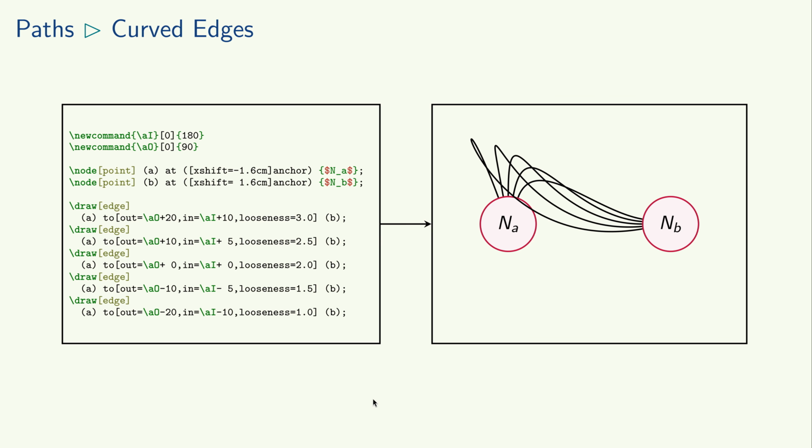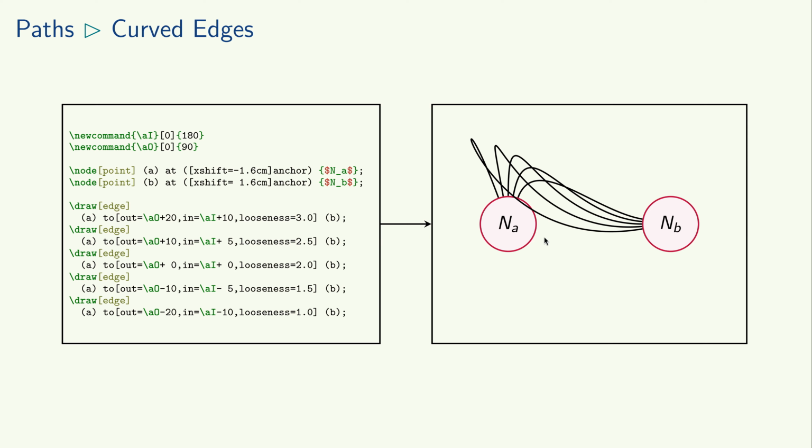The last one is the curved edges. Again, we have two points, A and B. And we are making some curves from A to B. Five of these edges that are curved from A to B. And when we do that, we need an outgoing direction and we need an incoming direction.